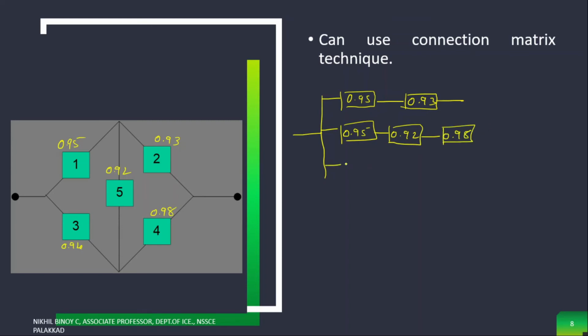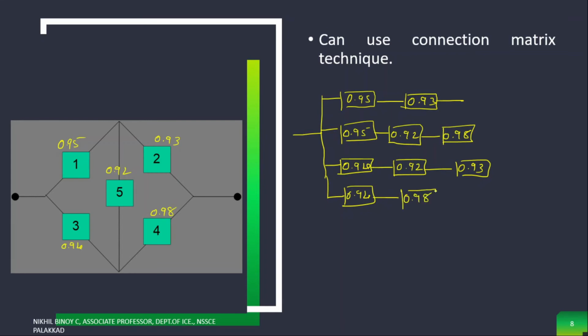Then the third path is 0.94, then 0.92, then 0.93. The last one is 0.94, then 0.98.